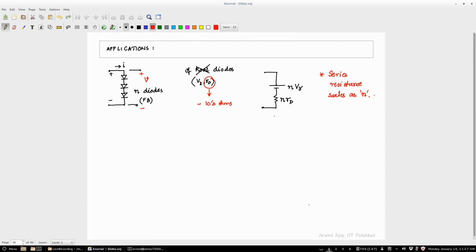So what's happening is that if you want a fairly large voltage, the series resistance that is along with this is actually also increasing.